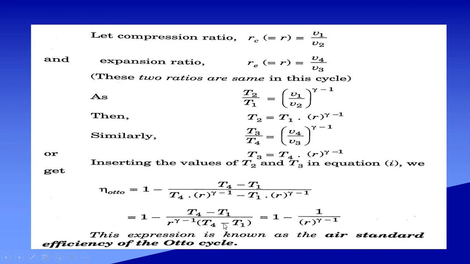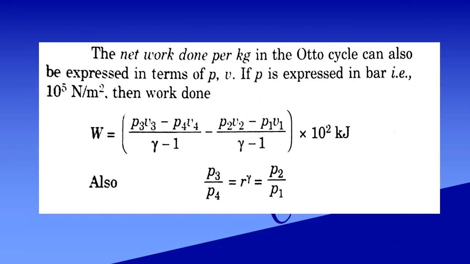Then T4 minus T1, with the common term R power gamma minus 1 taken out, divided by T4 minus T1, these two get cancelled, and you will get 1 minus 1 by R power gamma minus 1. So this is the expression for the air standard efficiency of the Otto cycle.